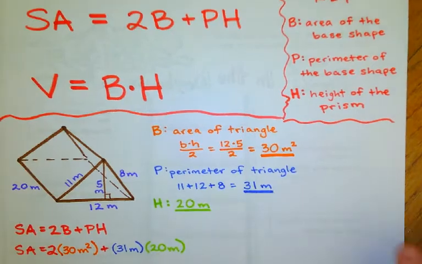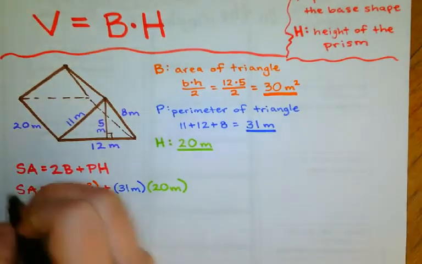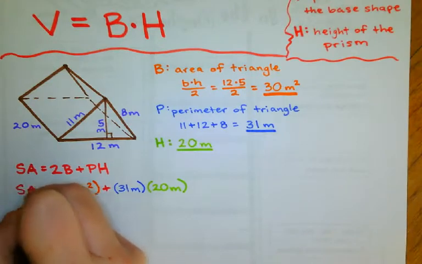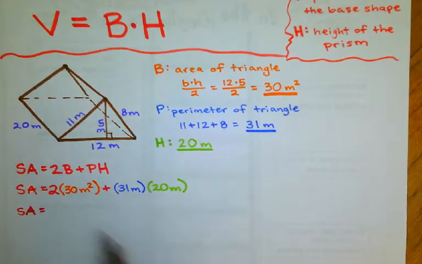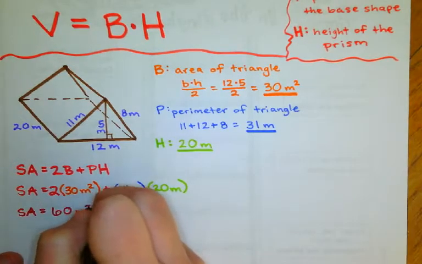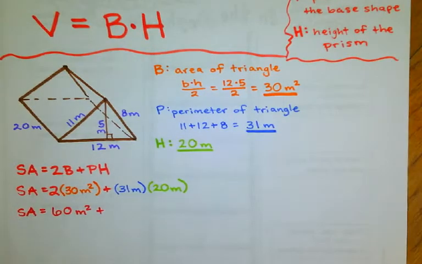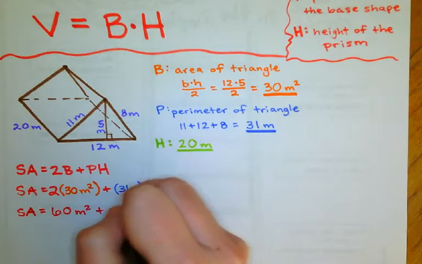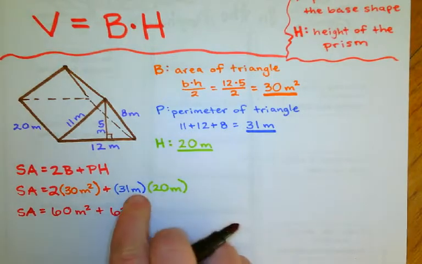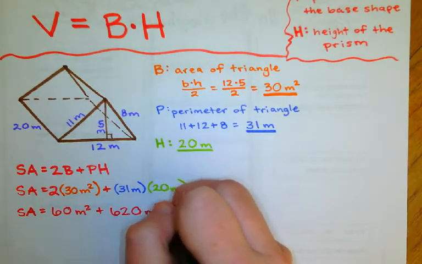All right. Just plugging this into our calculator. 2 times 30 is 60 meters squared, plus 31 times 20 is 620, and then m times m is m squared, right?